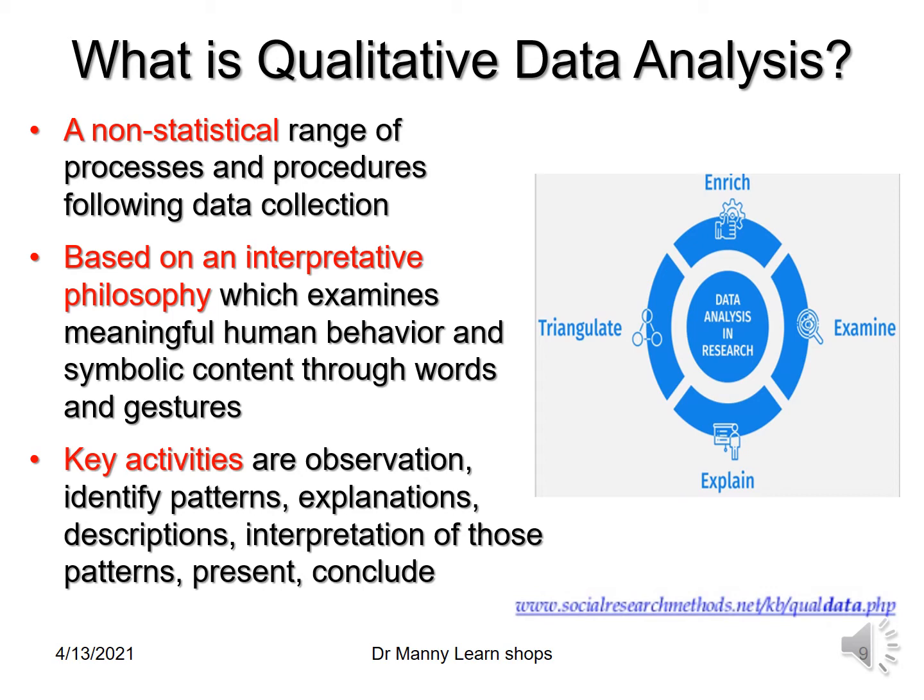Symbolism is basically what we say or communicate, whether it's physically or communicatively in words. The key activities involved in this process are observation, where you identify patterns. You're going to have explanations, descriptions, and interpretation of those patterns, descriptions, which are present, and they're in your conclusion.